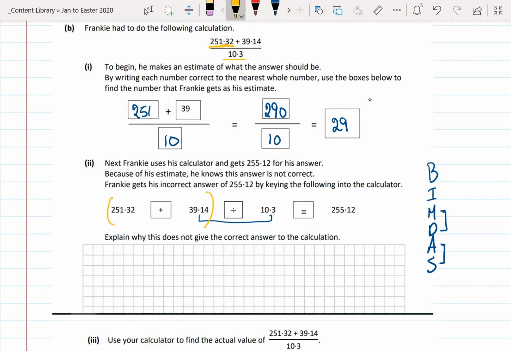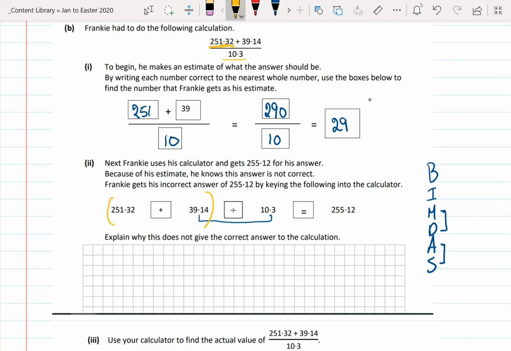So bracket 251.32 plus 39.14, divided by 10.3. And we get 28.2. Okay, so that was the problem here.